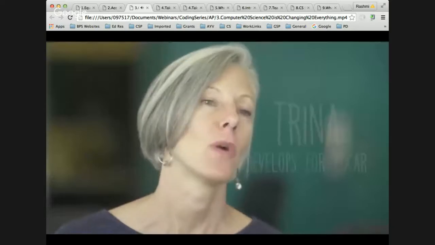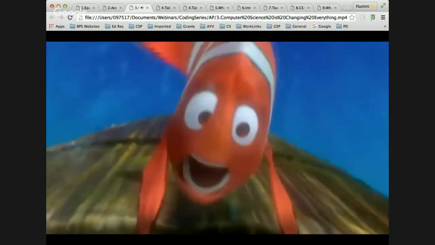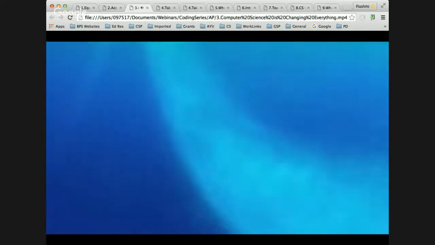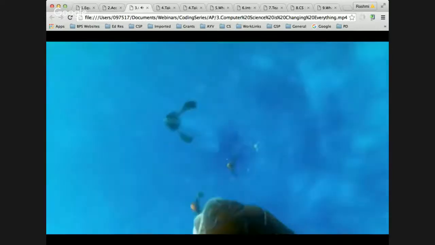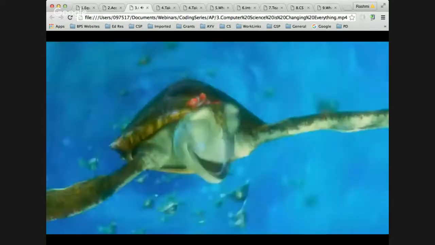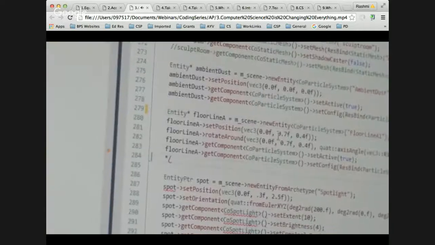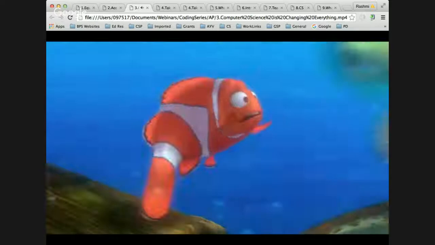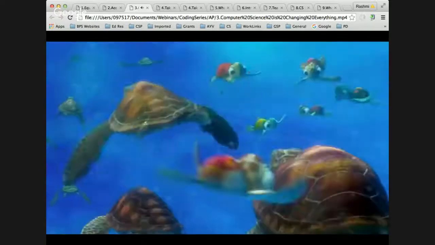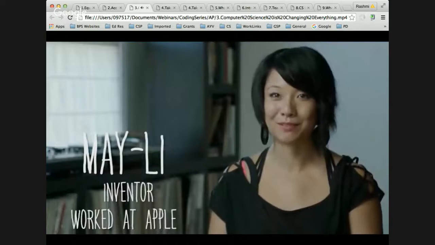In Finding Nemo, when Crush and Squirt and all the friends are flying through the East Australian Current, you're seeing images of water flowing by, you're seeing the colors on the back of the turtle, you're seeing the sides of the fish. All of those things are generated through math and computer programs that we write that we then give to the artists, and they take that to create that final image and tweak it and make it look beautiful and look fun.